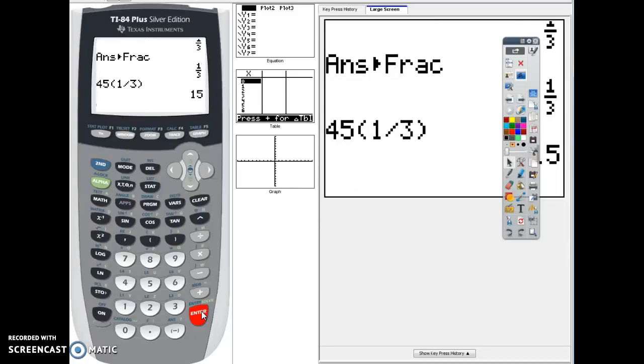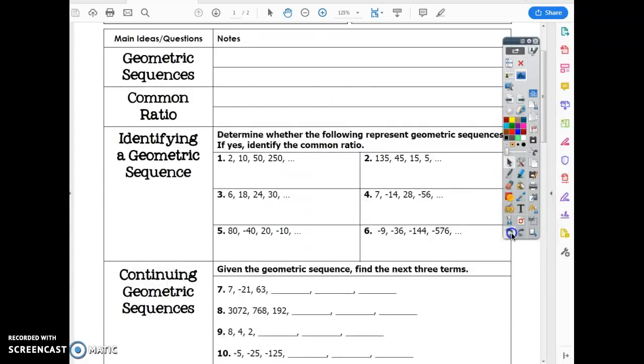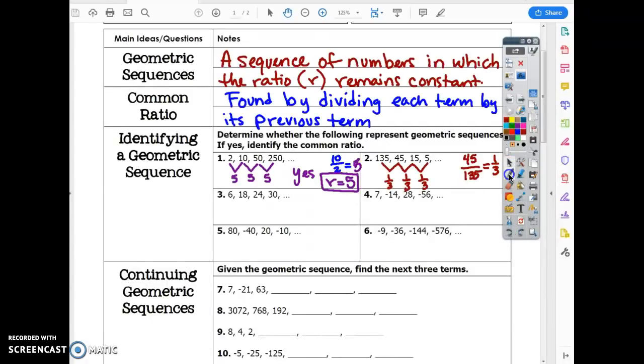Enter. Gives me 15. Then 15 times 1/3, does that give me 5? Yes. So that is a geometric sequence. We would put yes, and that our ratio is 1/3. So yes, and the R equals 1/3.